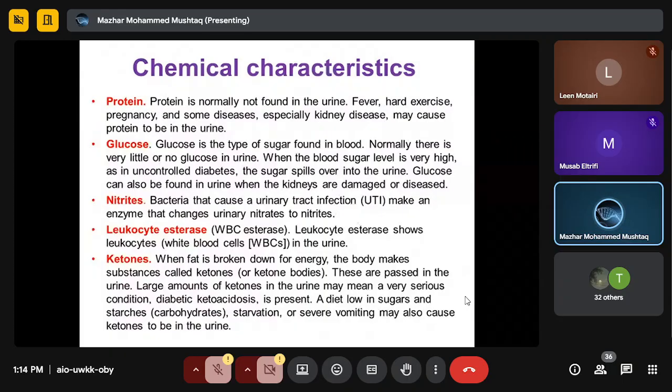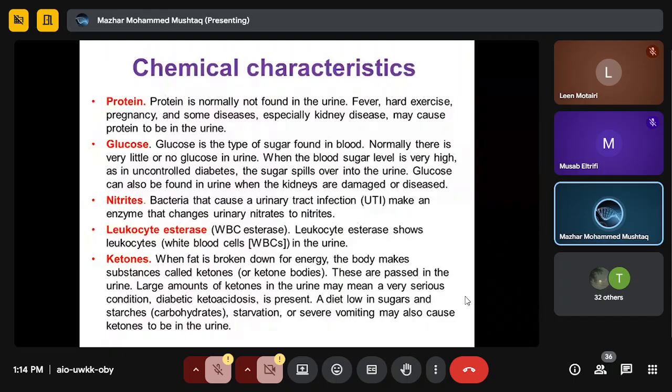If there is damage in the proximal convoluted tubule, then the glucose, no matter how little it is, would not be reabsorbed.